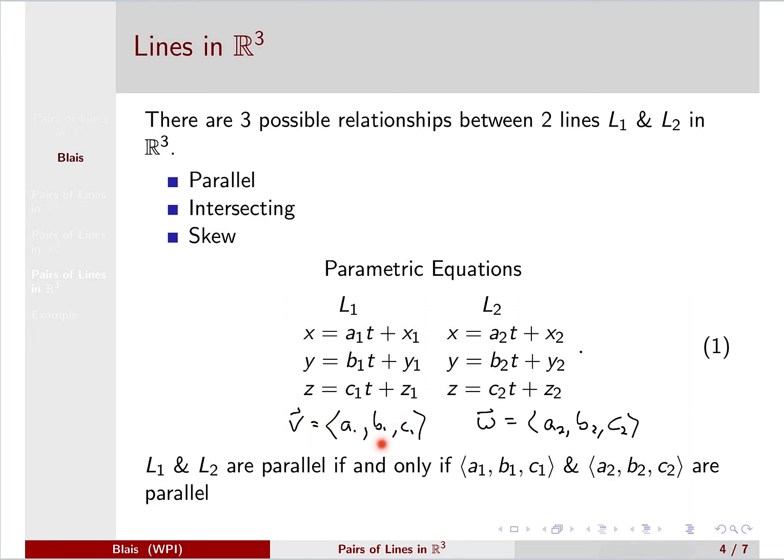Since L1 is parallel to V and L2 is parallel to W, L1 and L2, the lines, are parallel if and only if these vectors V and W are parallel. And that, of course, means V would be equal to, say, some constant alpha times W, for some constant alpha. So that's the first thing we check.